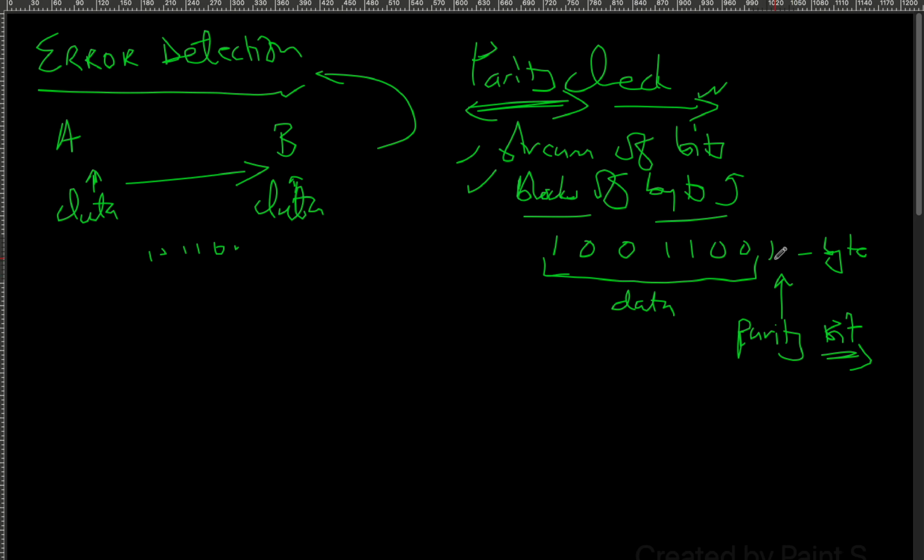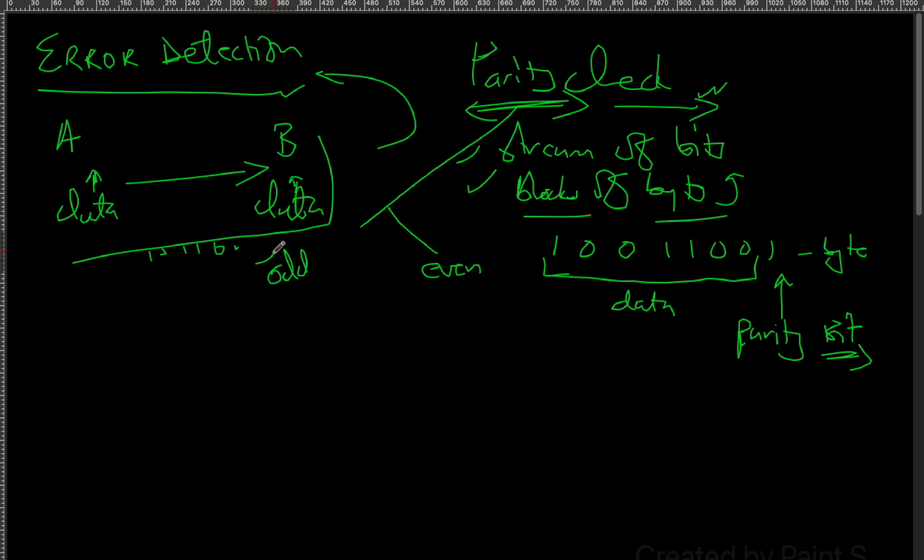You do not populate this; it is auto-populated by the system based on the type of parity check being used. The system can be using odd parity or even parity. So parity check can be in the form of odd parity or even parity.